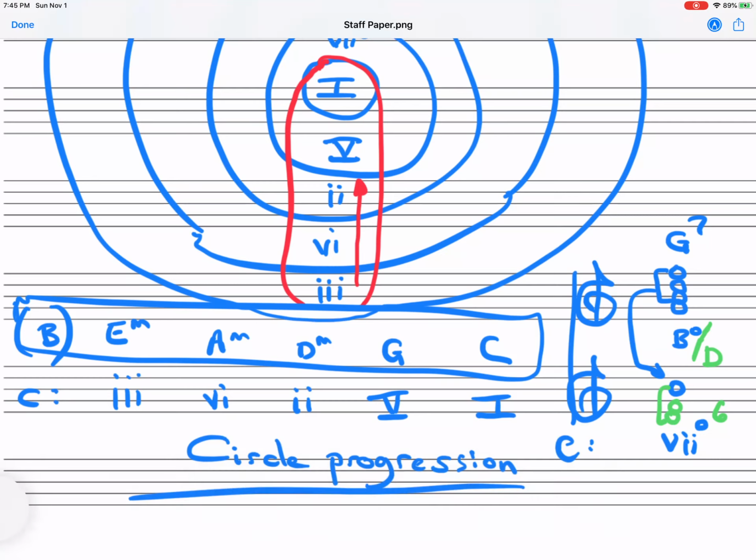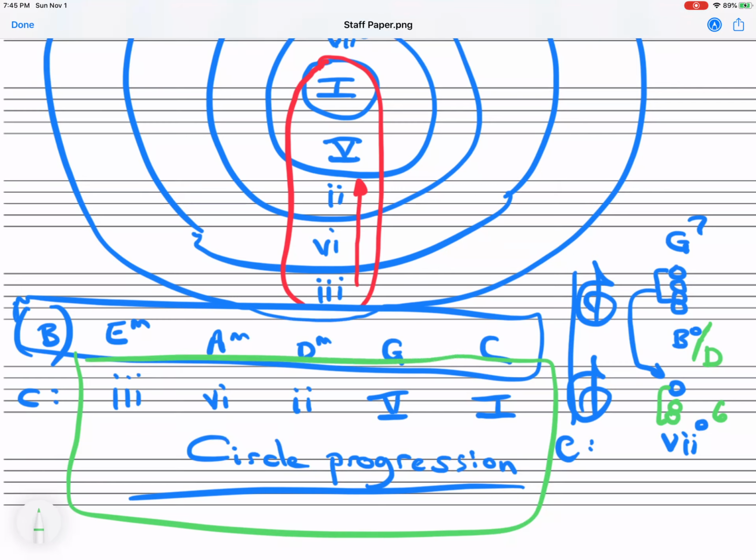Okay, I'm going to make a little chart now to show you how all of these chords fit together. So just keep in mind, this is the most important, 3, 6, 2, 5, 1. That's the circle progression. That's this arrow here, moving from the outer edges of the universe to the center.